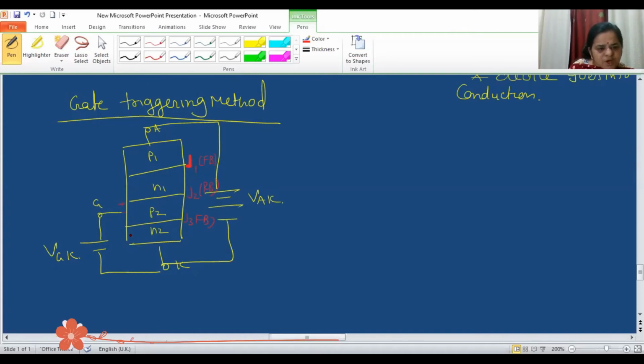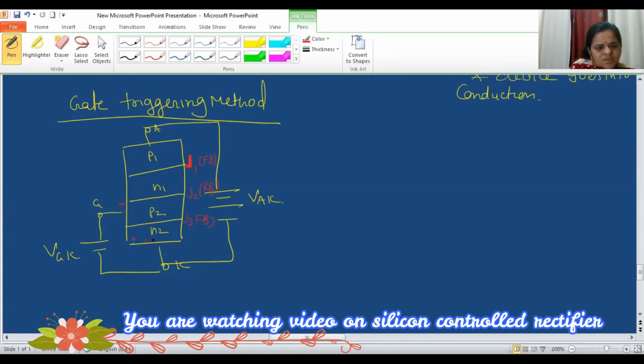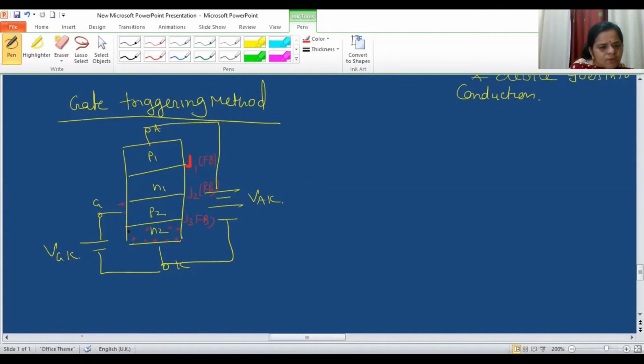Due to this positive potential of the gate, the electrons in the N2 layer are attracted and try to move into the P2 layer. There were already electrons in the P2 layer as minority charge carriers, and the electrons of the N2 layer also move into the P2 layer.